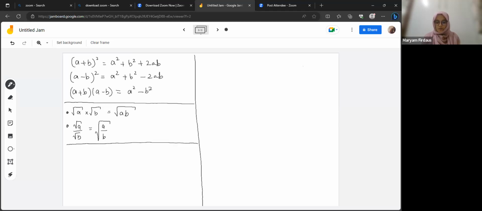Okay, let's do some questions. So let's do this. 3 plus root 8 multiplied by... or okay, before we do this, root 8 multiplied by root 12. How do we do this?